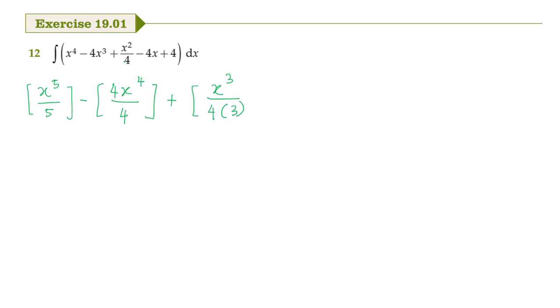Because you have a denominator 4, so you multiply 4 with 3, plus, minus 4x. 1 plus 1 is 2 divided by the new power 2, plus 4x power 0, right? 0 plus 1 is 1 divided by the new power, which is 1, and don't forget to put plus c.